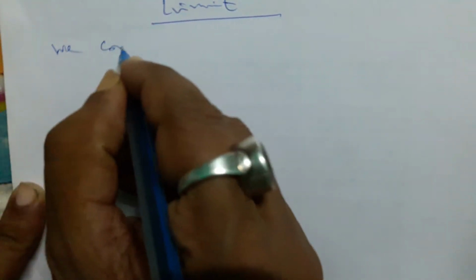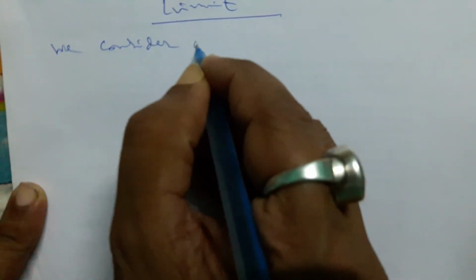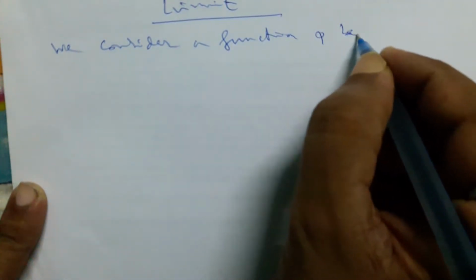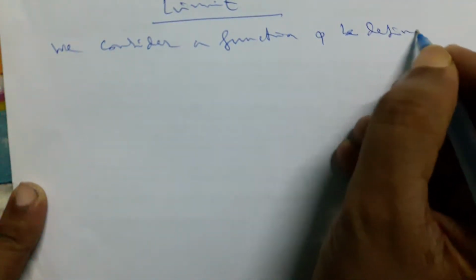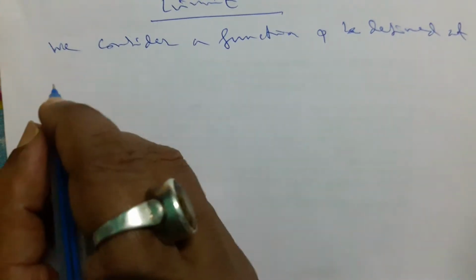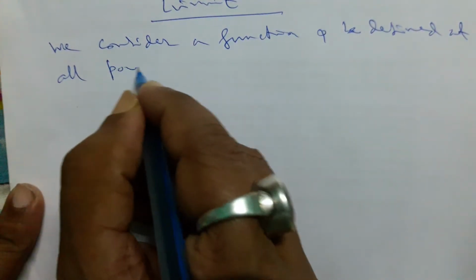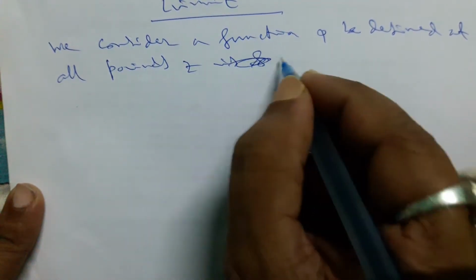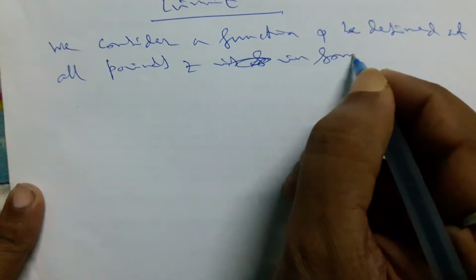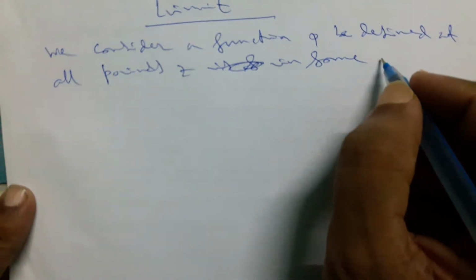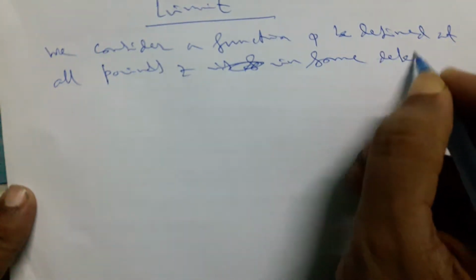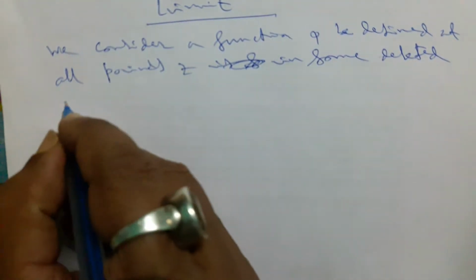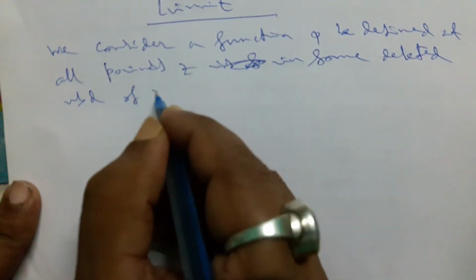We consider a function phi defined at all points z in some deleted neighborhood of Z0.